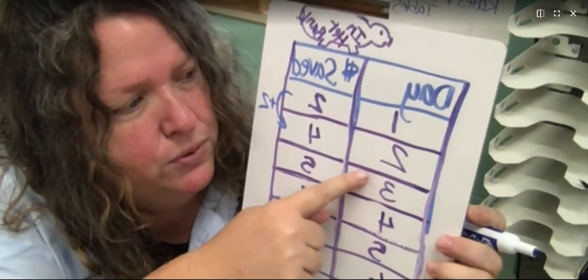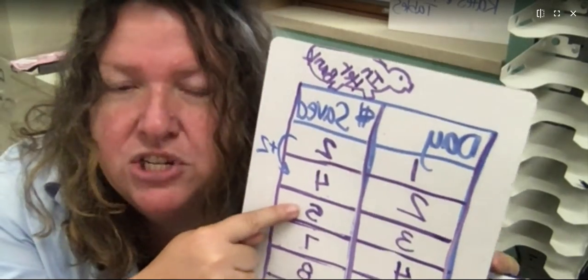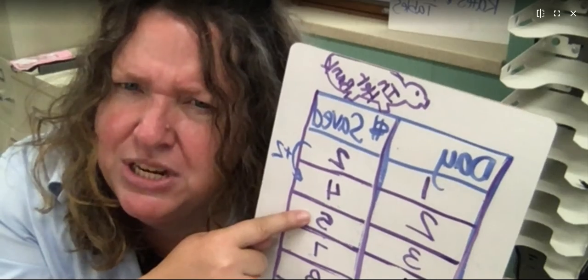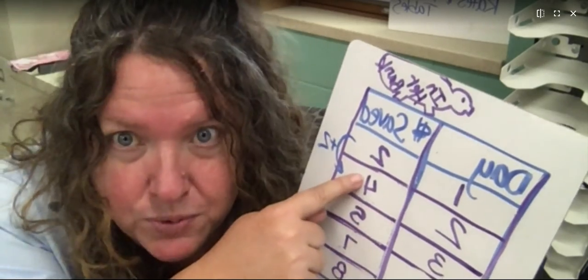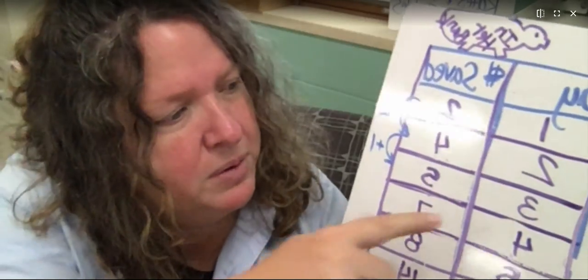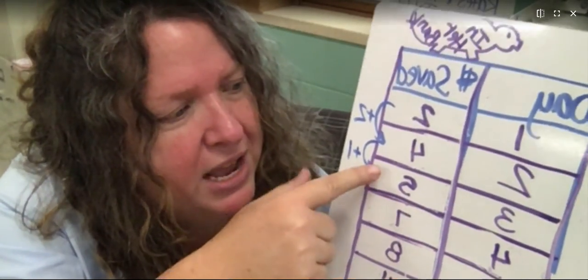Now, from day 2 to day 3, look how many she has. Now she has $5. So how much did she add from day 2 to day 3? I hope you're thinking she only added $1. What about from day 3 to day 4? She had $5 in day 3.